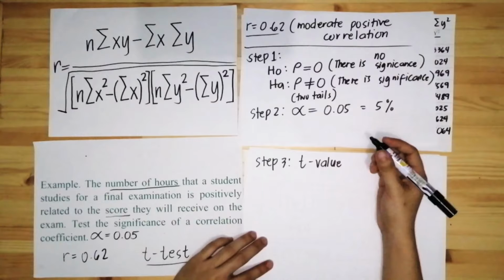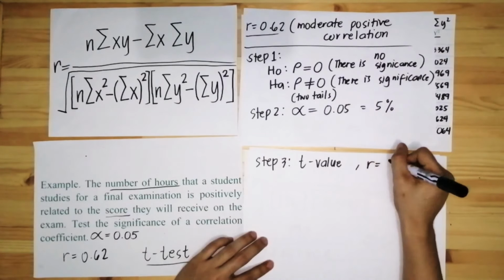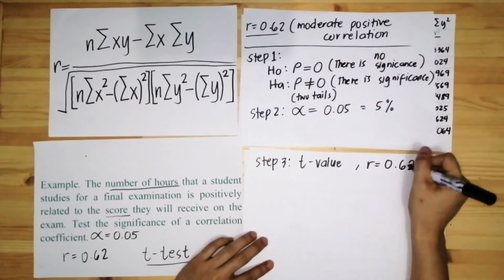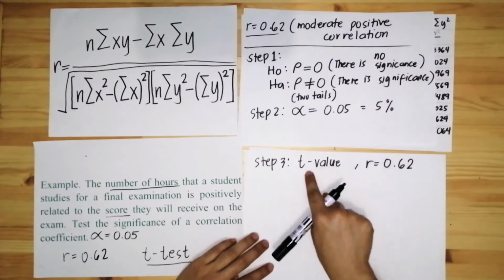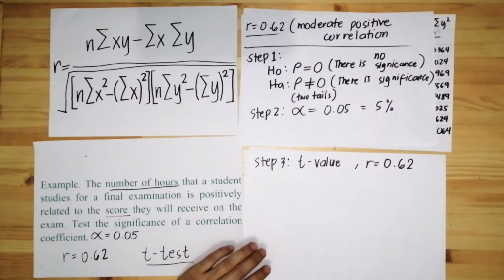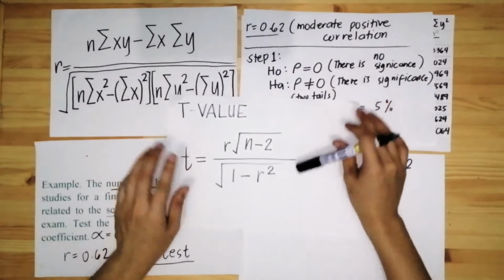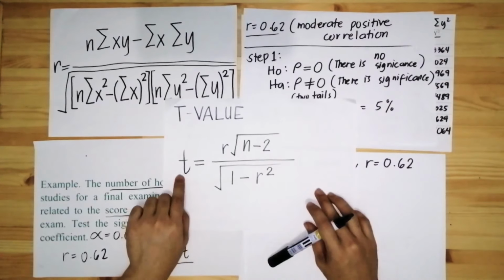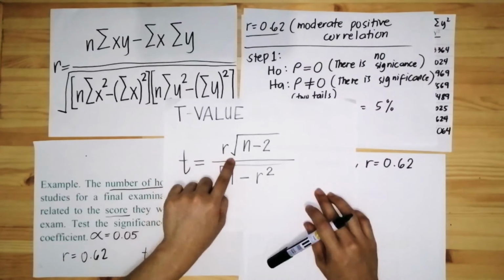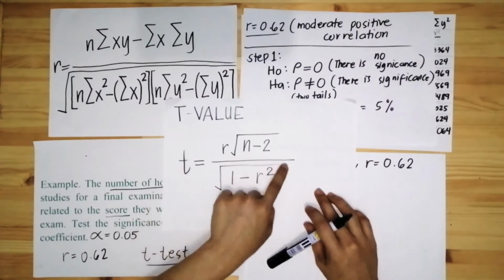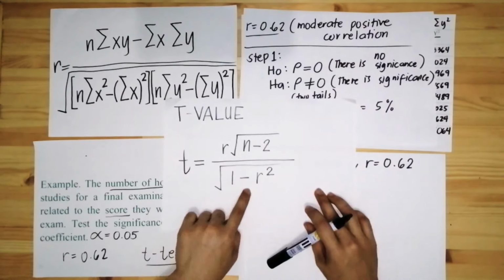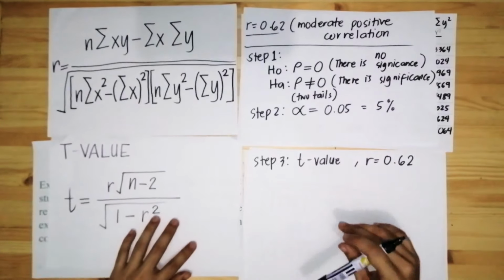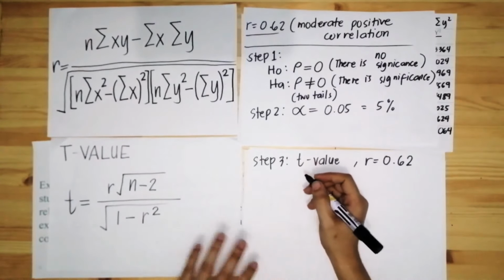So, bukod sa r value natin, which is 0.62, may isa pang value na dapat tayong makuha, which is the t value. Ang t value mako-compute gamit ang formula na to. So, t value is equal to r square root of n minus 2 all over square root of 1 minus r squared. So, gamitin natin yan.